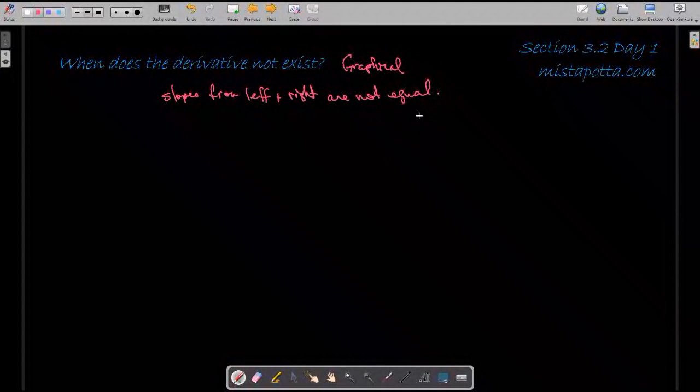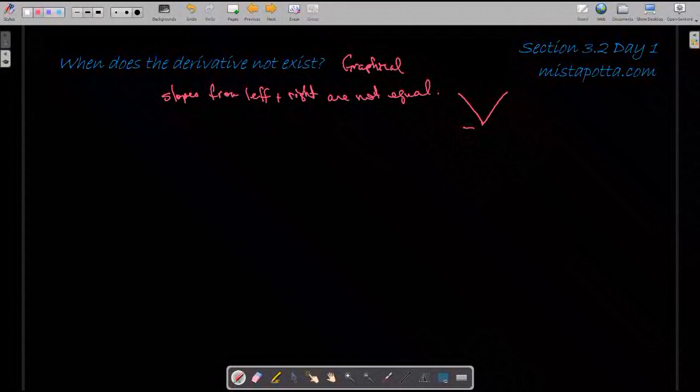So the situation where I have a slope coming down one way and then changing direction so that the slopes of the tangent lines are not a smooth transition.